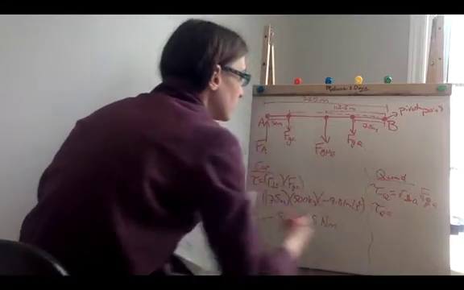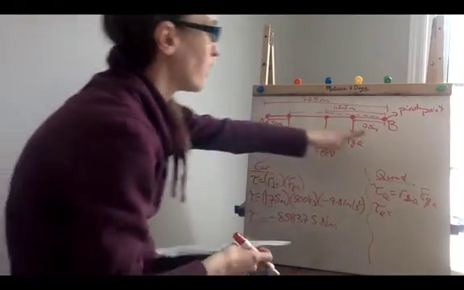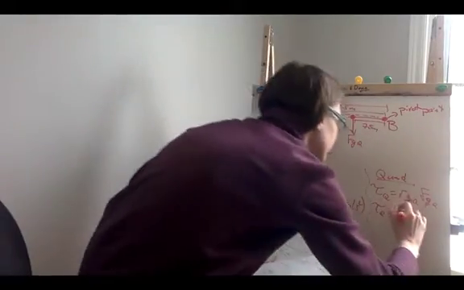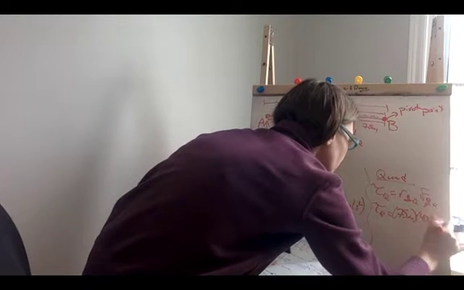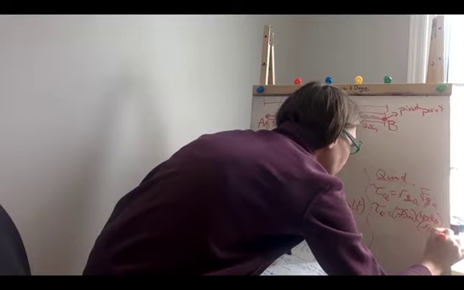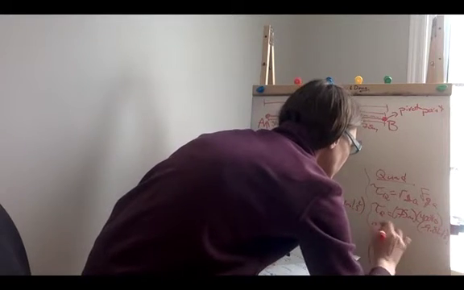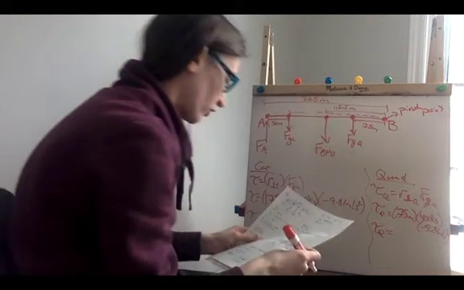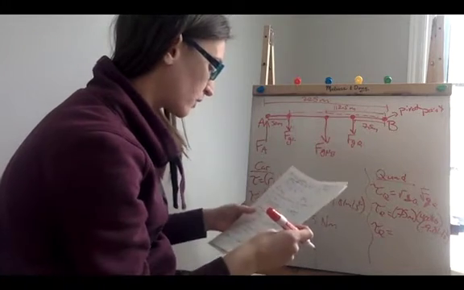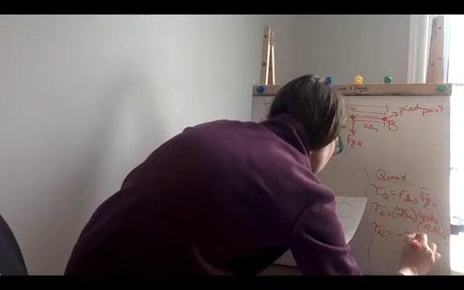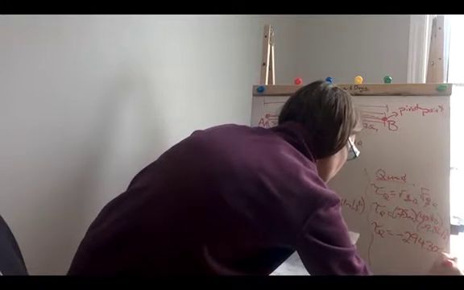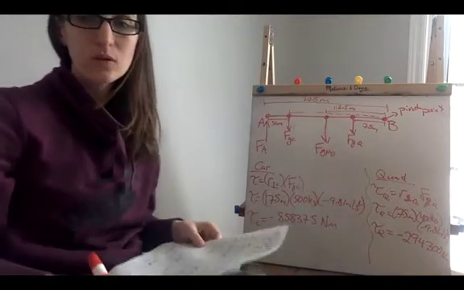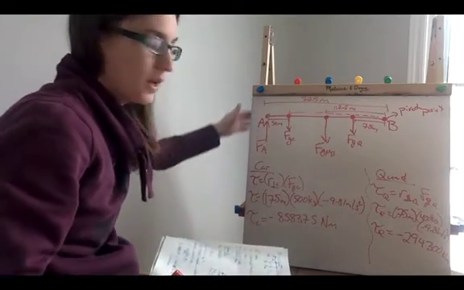In this one, the distance of the quad is 75 meters multiplied by its mass of 400 kilograms multiplied by our acceleration due to gravity, 9.81 meters per second squared. So the torque for the quad ends up equaling negative 294,300 Newton meters. Okay, so there's the torque for the quad.